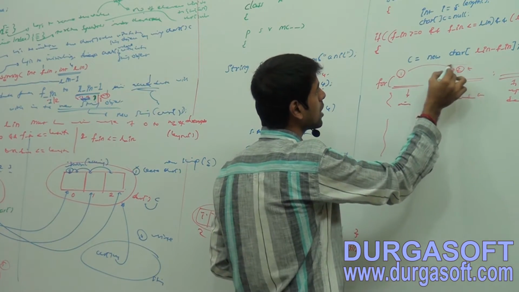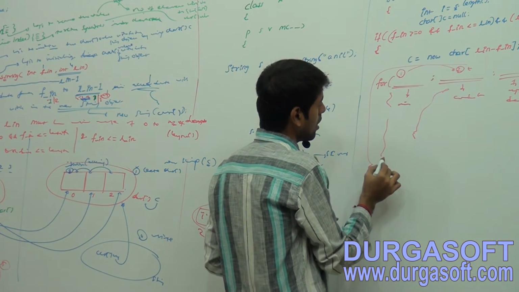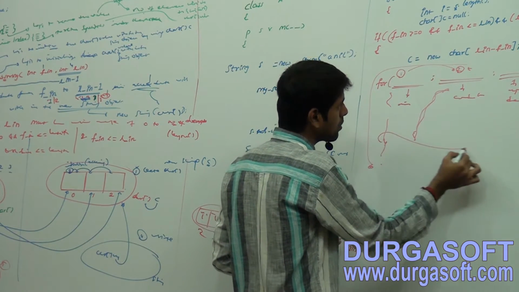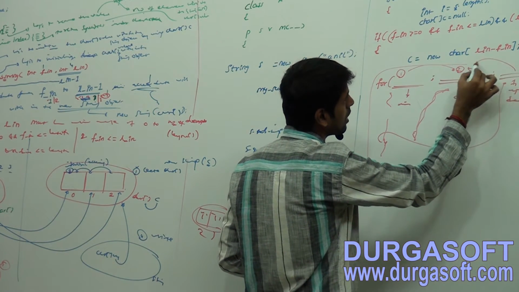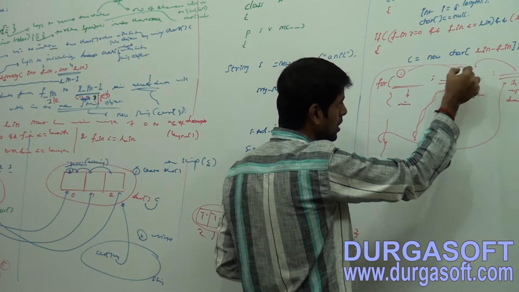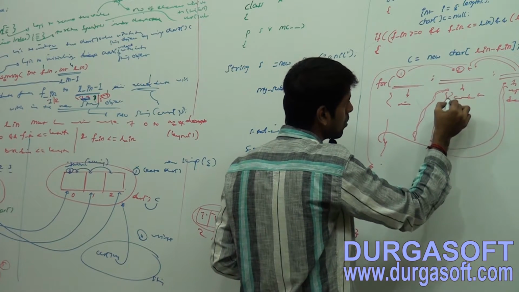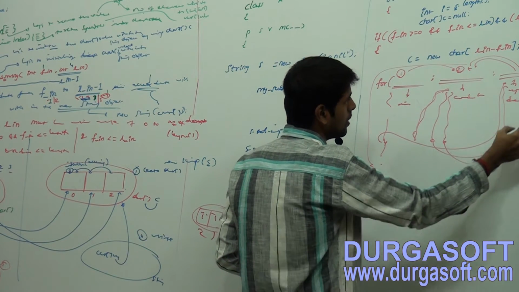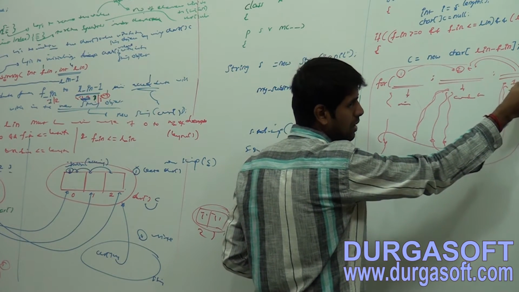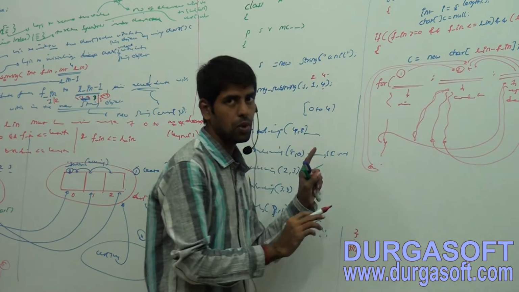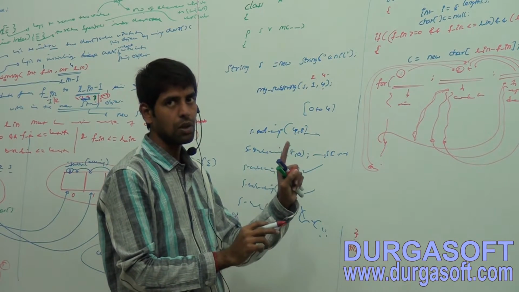If it is false, it will come out of the loop. If it is true, it will execute the body, then come to the updation and check the condition again. If it is true, once again it executes the body, performs updation, and checks the condition. If it is false, it comes out of the block. Simple general thing. I hope you have knowledge of this.